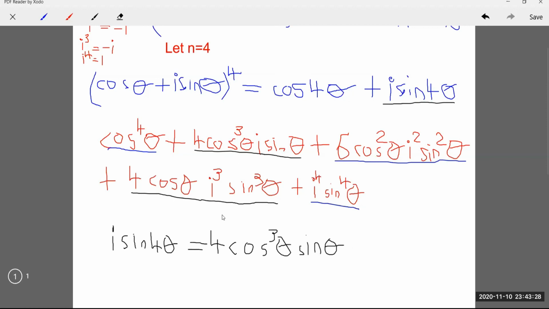Then I'm going to write, now this I cube is minus I. So we change this plus to a minus, and we're going to write minus 4 cos theta sine cube theta.